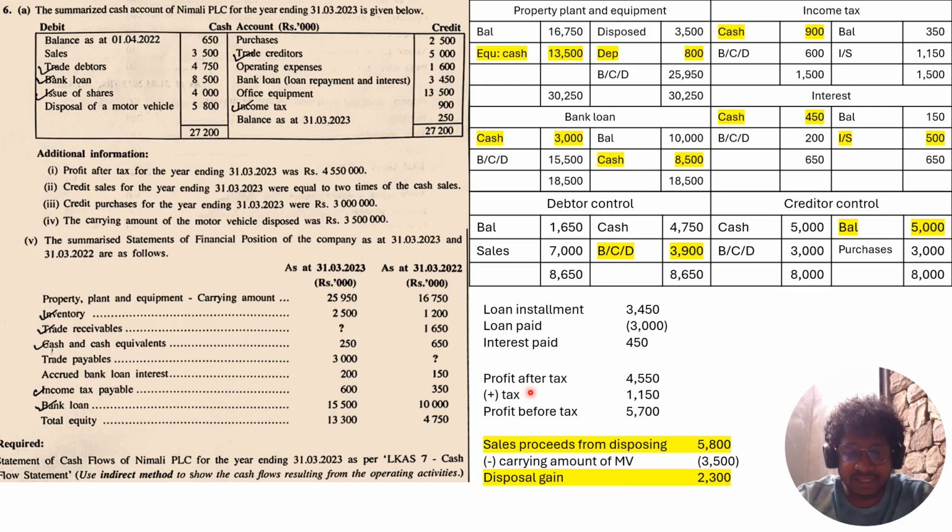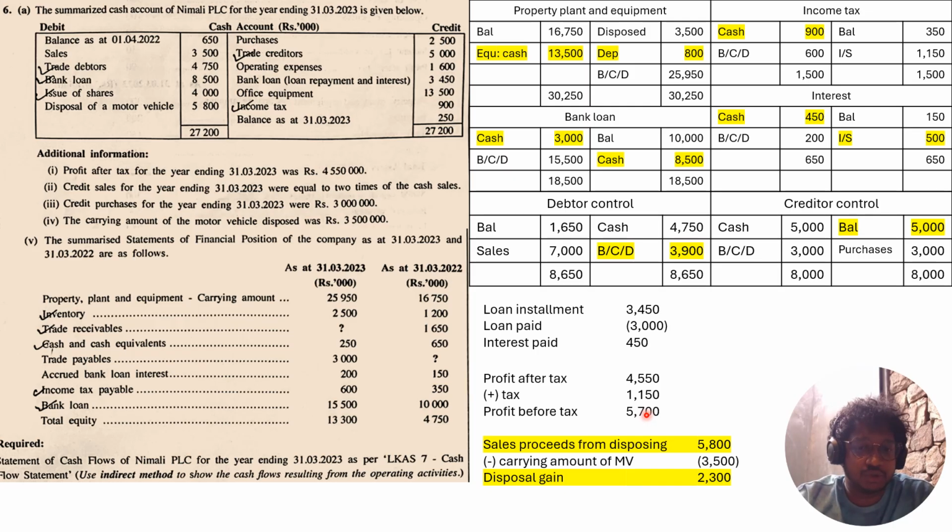Profit after tax is given as 4,550 and the tax recorded in the income statement, which you find from the income tax account, is 1,150. Adding that, you find the profit before tax of 5,700. This profit before tax of 5,700 is the base when you are preparing cash flow statements in the indirect method, right?